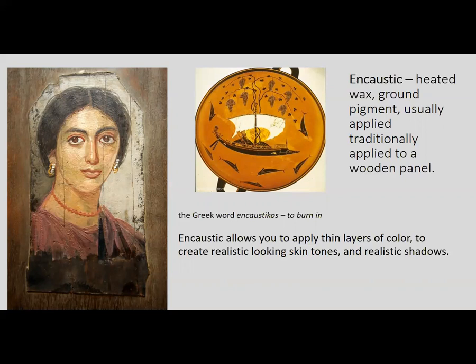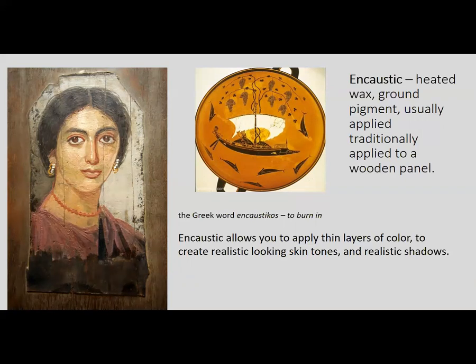The history of this is that in Greece, they had wooden boats, and they needed to make them watertight, so they sealed them with wax. They'd heat up wax and seal them. But people always want to embellish things, to decorate things.